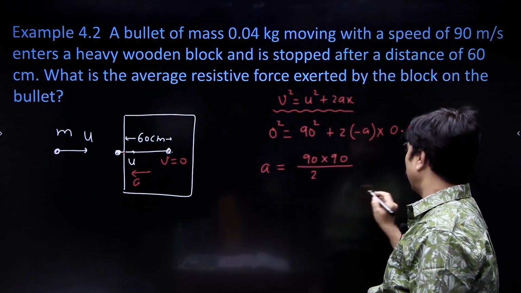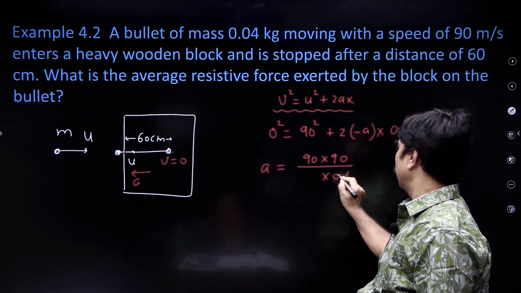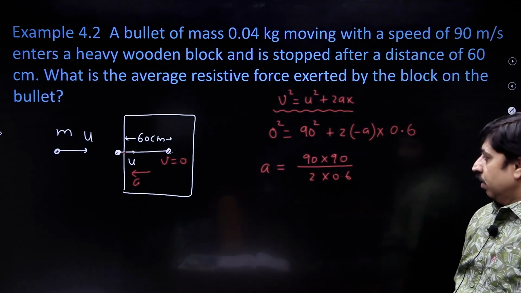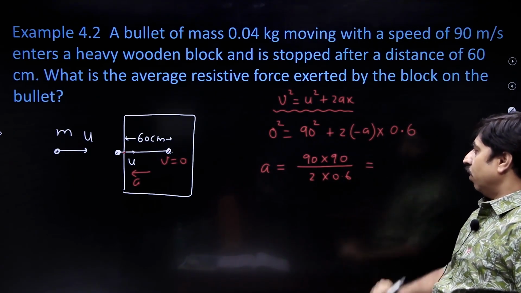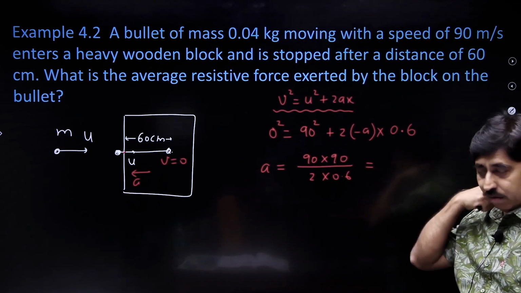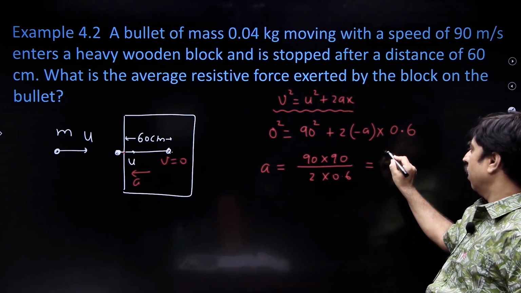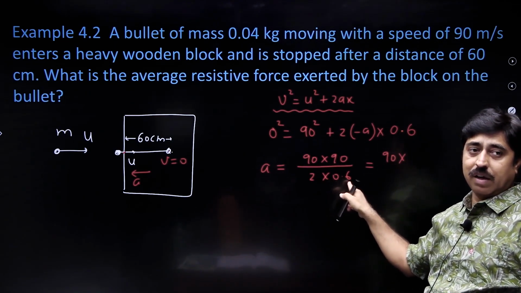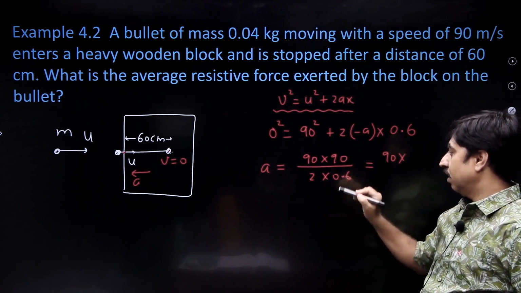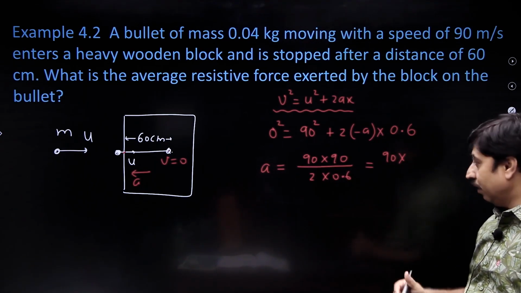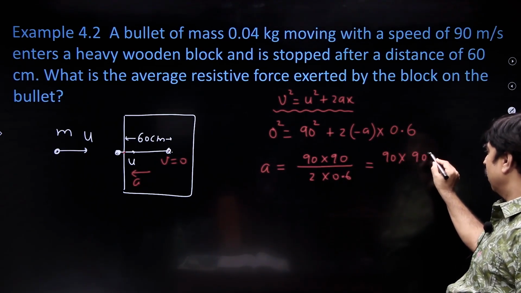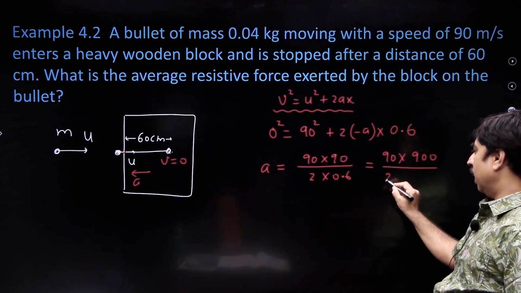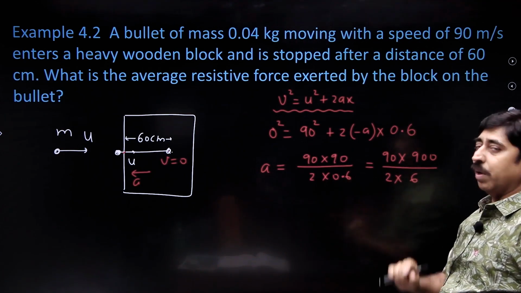2 into 0.6. Am I right? So, you can do this calculation on your own, I think. Can you do it? Okay, I will do it for you. First, let us get rid of this 0.6. Some of you might be finding it difficult. Let me do it. I have multiplied the numerator by 10 and I am also multiplying the denominator by 10.